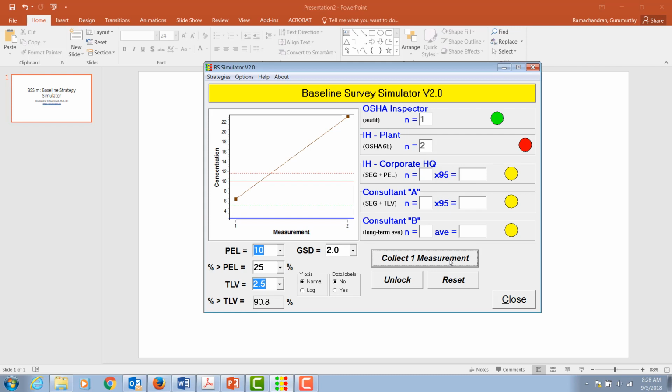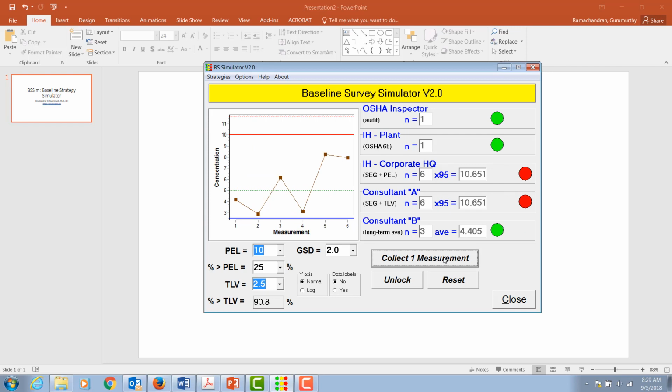So now you see, every once in a while, depending on the random nature of measurements that we are making from the underlying distribution, the majority of the strategies make the right decision. But the OSHA inspector is still continuing to make the wrong decision here. Let's do it one more time.